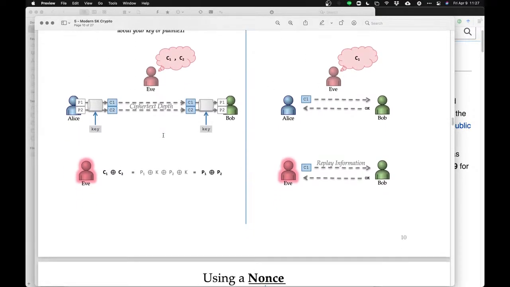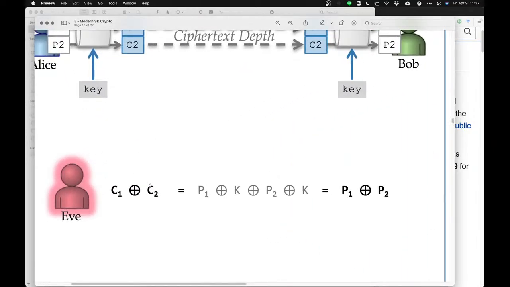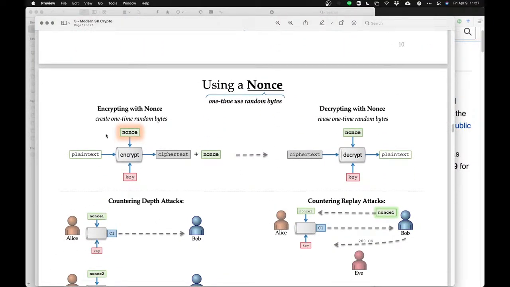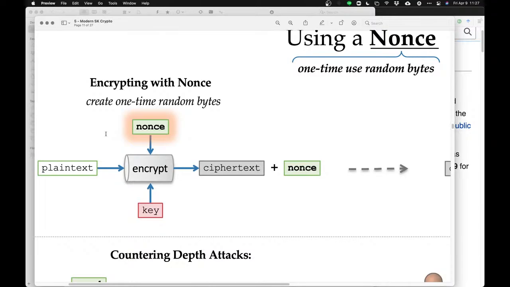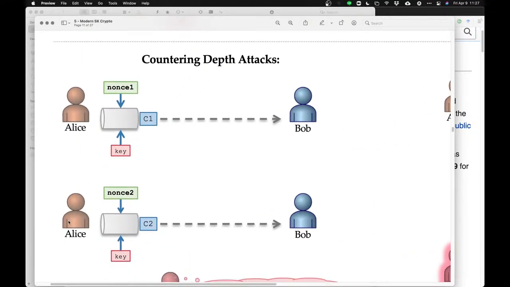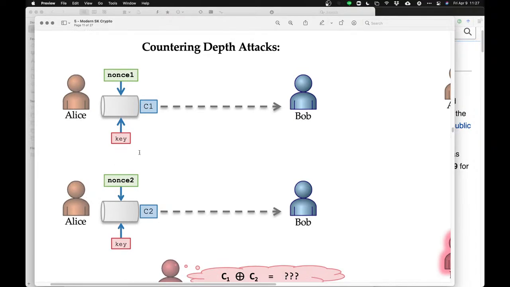Depth attacks was the problem where two ciphertexts exclusive OR into the plain texts exclusive OR together. And we said we can resolve that by adding the nonce, right? And here we don't need secret box because simple box can generate the nonce for us. And only Alice, the person sending the message, has to create the nonce. So simple box can do this.